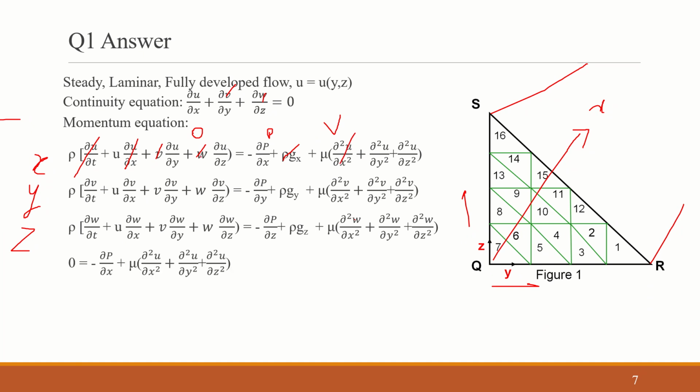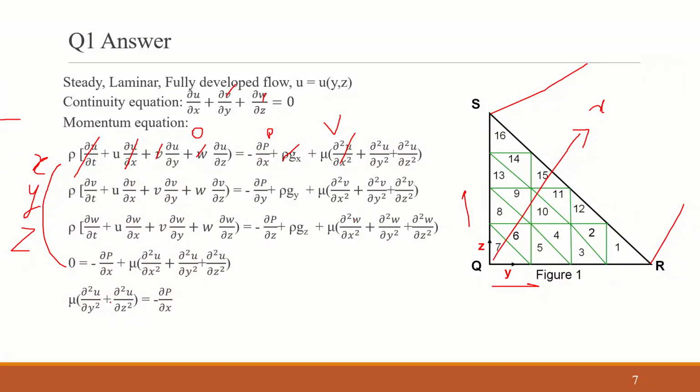So we are putting the left hand side equal to minus ∂P/∂X plus mu into ∂²U/∂X² plus ∂²U/∂Y² plus ∂²U/∂Z², and we are just taking the terms to the other side.